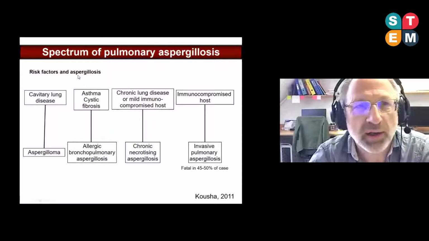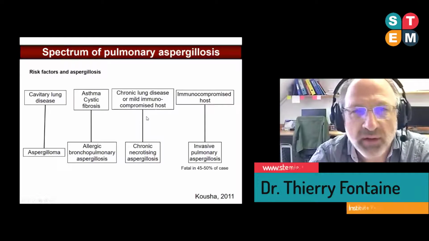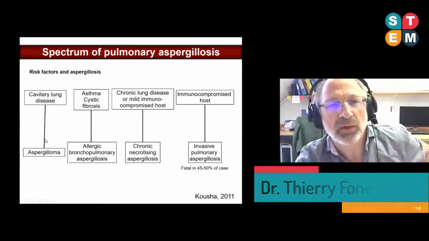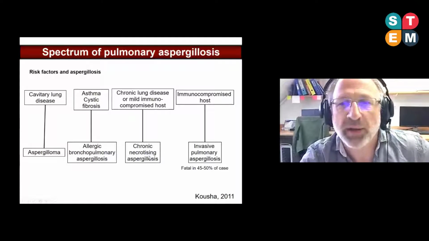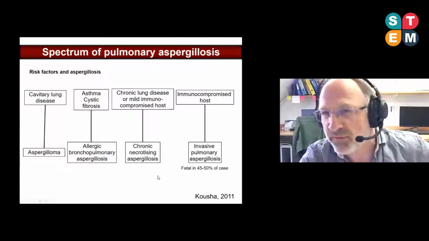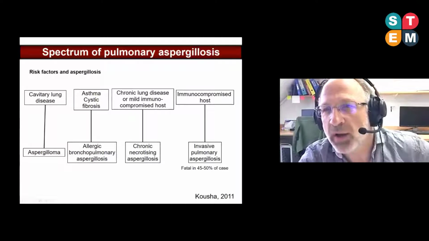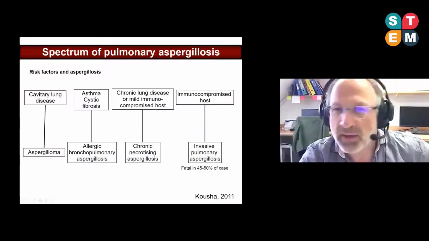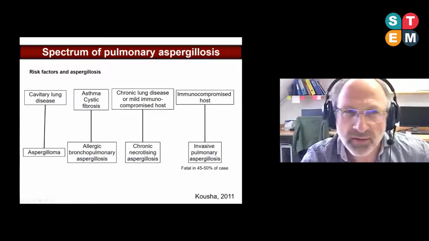Particularly, lung damage or chronic lung disease lead to local development of Aspergillus fumigatus, such as aspergilloma, allergic disease, and also chronic aspergillosis. But the most severe form of aspergillosis occurs in immunocompromised hosts. In that case, Aspergillus may disseminate to other organs, and it's fatal in around 50% of cases.